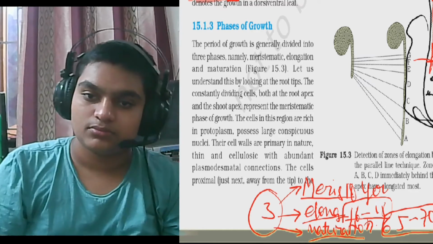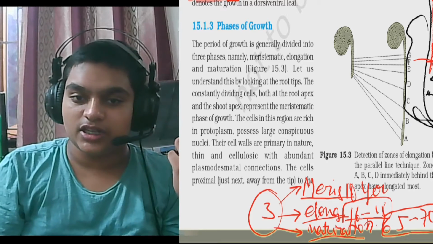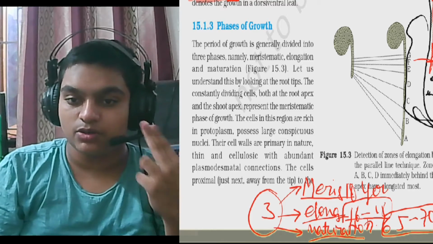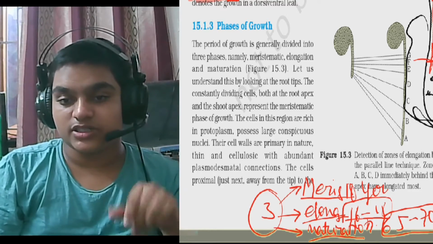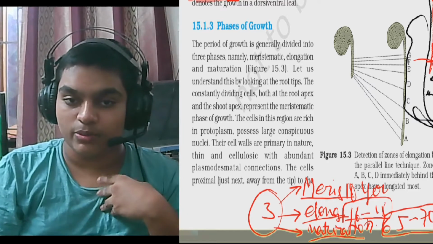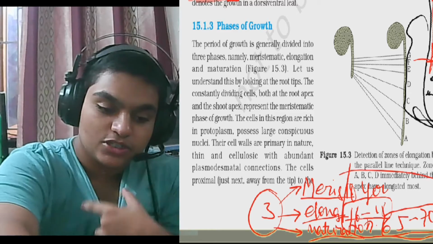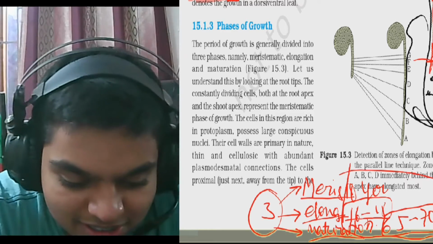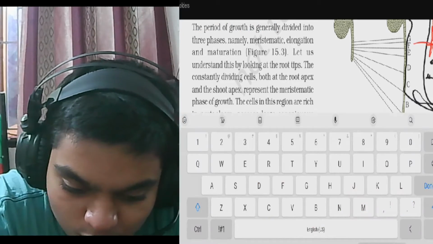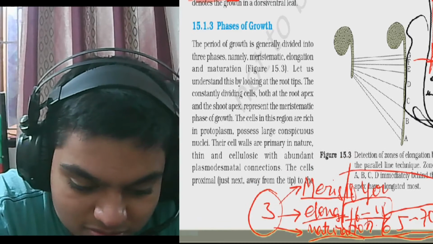Complete it. Young stage, meristematic stage, 10 years, we grow rapidly. Elongation stage, 16 to 18 years in humans. This is just a comparison. Please do not remember these values. This is just a comparison.